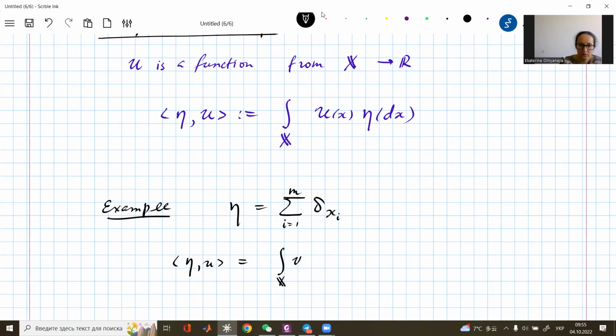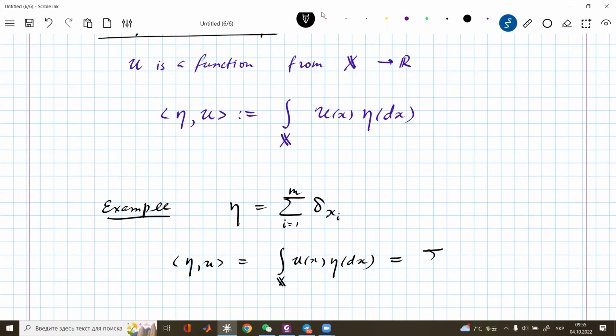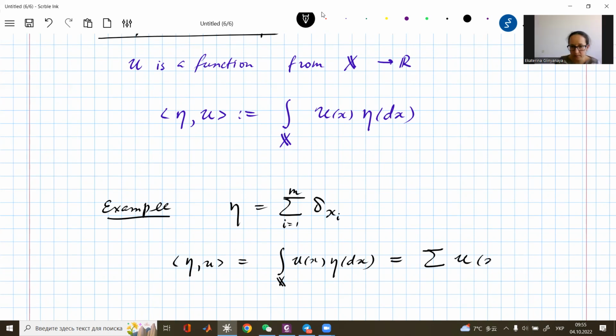Integral of u(x) nu(dx). What is this? This is just the sum at these random points.